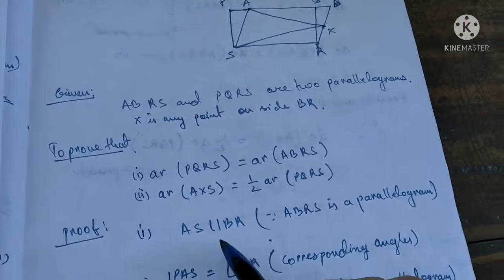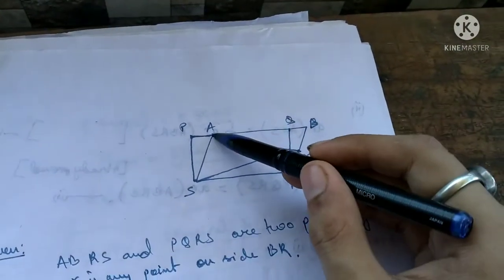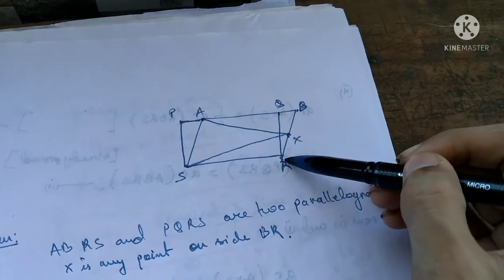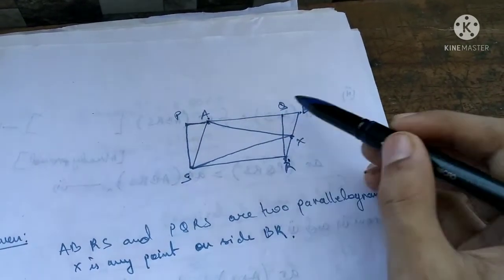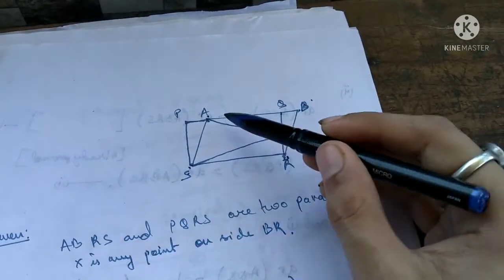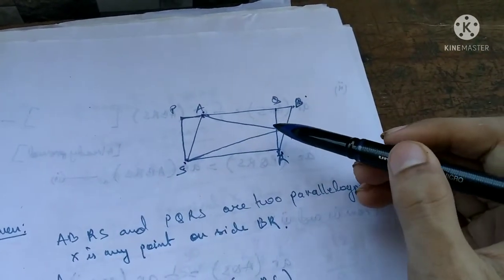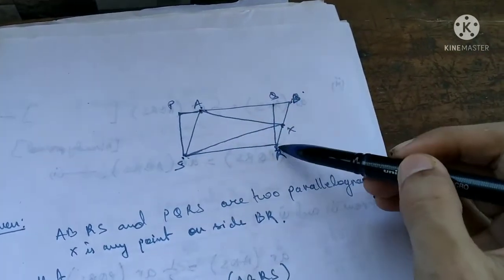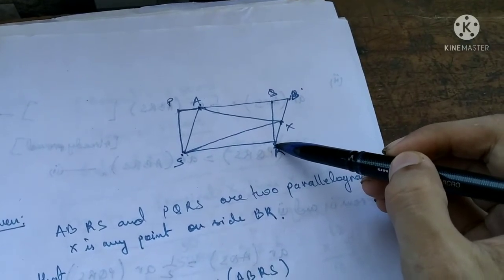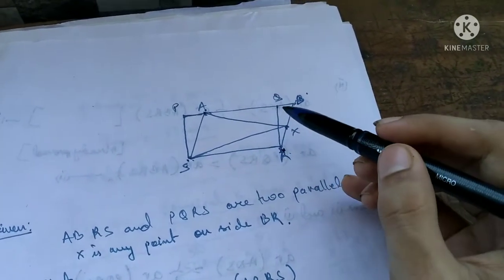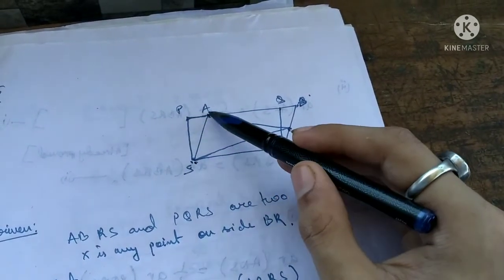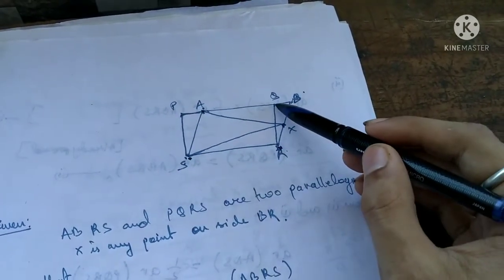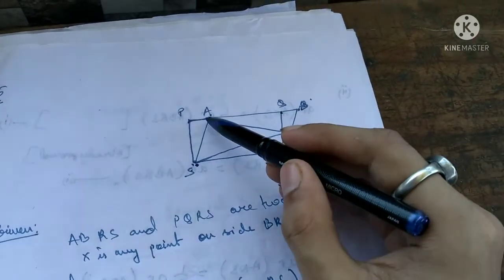So in here you see I can say that AS is parallel to BR because ABRS is a parallelogram. So therefore AS is parallel to BR. And next you see angle PAS is equals to angle QBR.